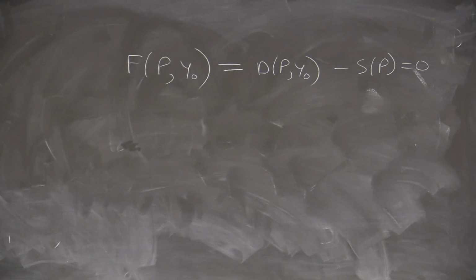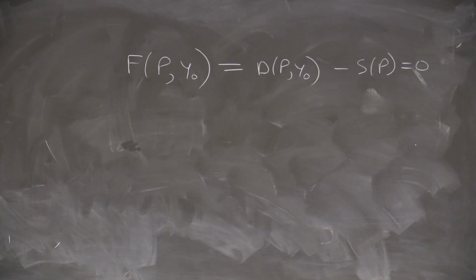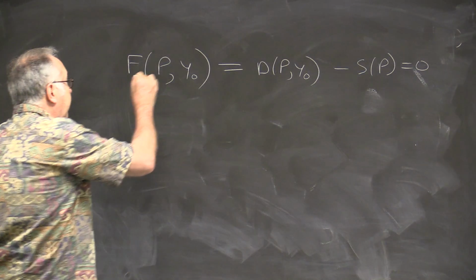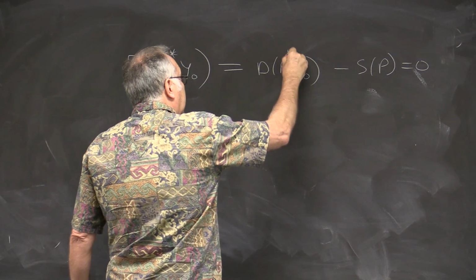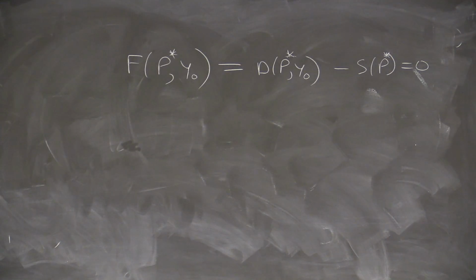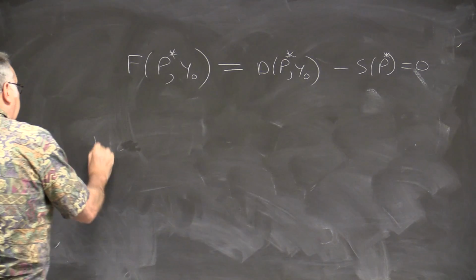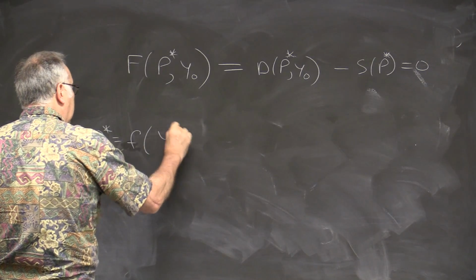You can see on the left-hand side, there's just two variables, P and y. So we've got it in this form right here. So now we want to know, and actually I could rewrite this way. In equilibrium, if this condition is satisfied, this will be P star. So we want to know under what conditions can we write P star as a function of y sub 0.